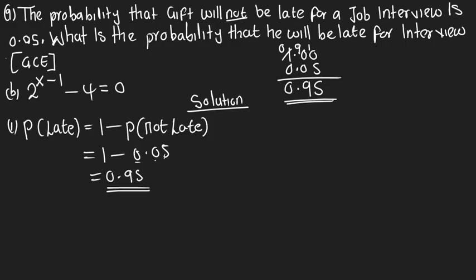Sometimes, let's say the paper gives 0.05, maybe there was 0.06. You do the same thing, same concept.